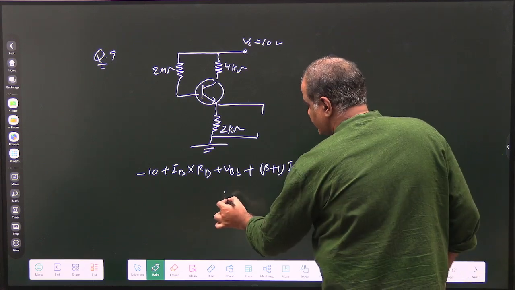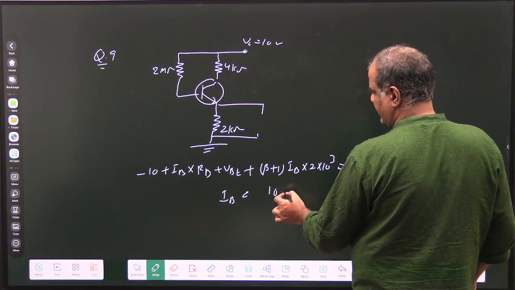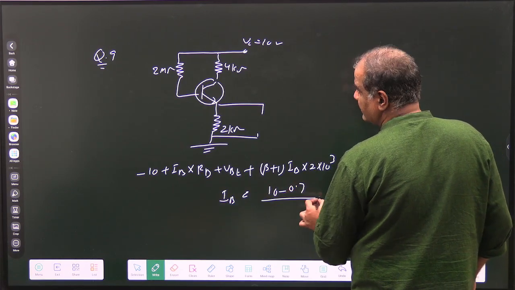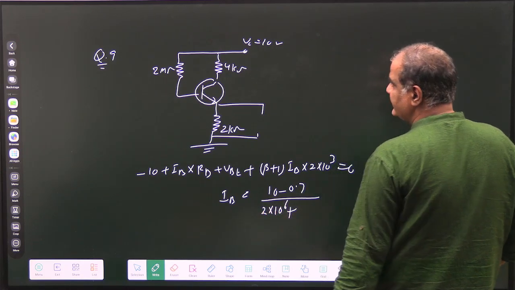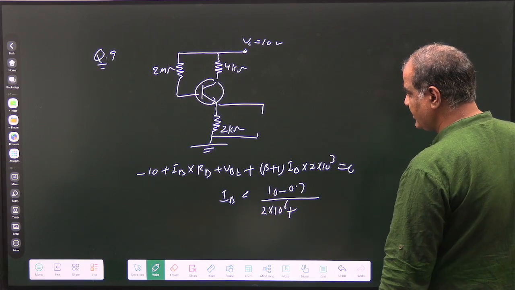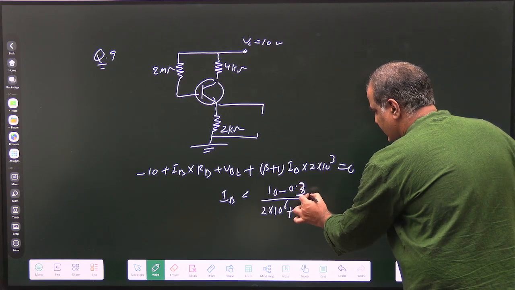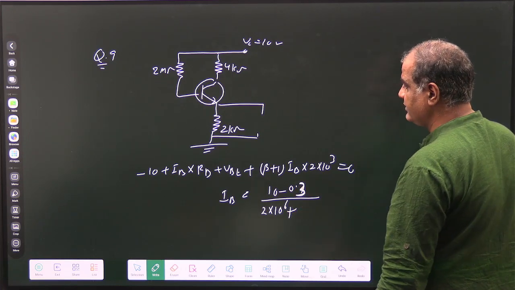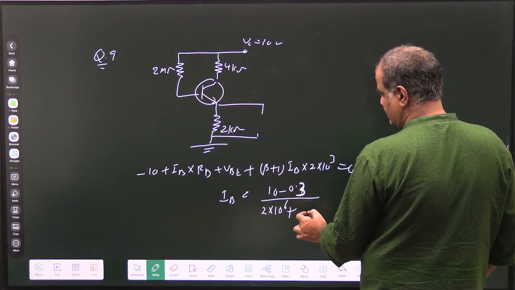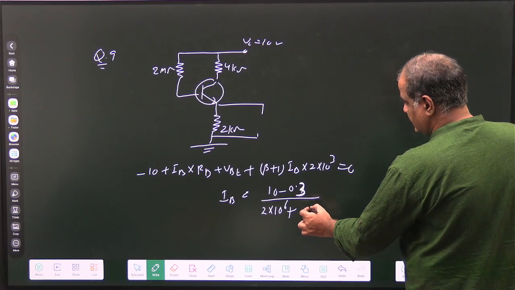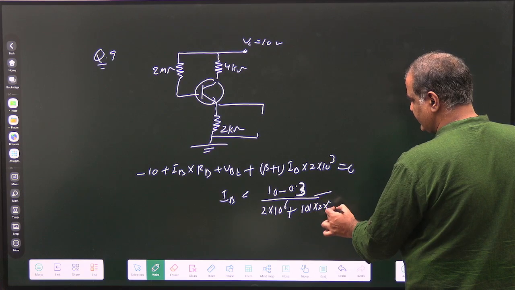Okay, so your IB will be, tell me, what will come? 10 minus 0.7, RB is 2 mega ohm. How much beta is given in the question? Where? 0.3. And what is the value of beta? 100. So this is 101 into 2 into 10 raised to power 3.